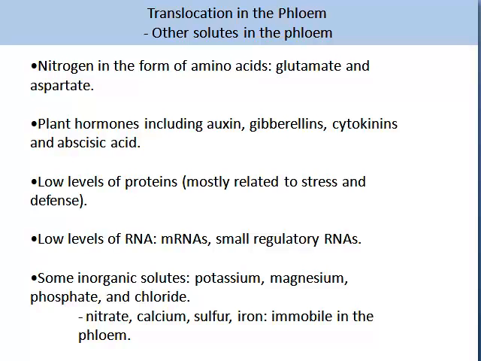There are low levels of RNA, mostly in the form of messenger RNA and small regulatory RNA compounds. Some inorganic solutes can be found, such as potassium, magnesium, phosphate, and chloride. Nitrogen, calcium, sulfur, and iron are immobile in the phloem.